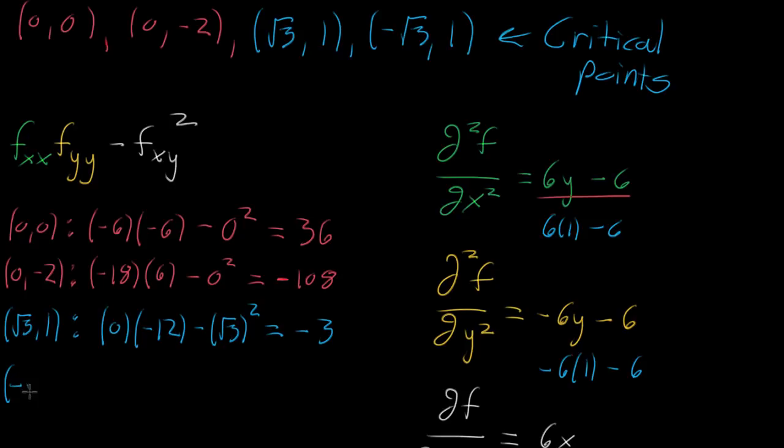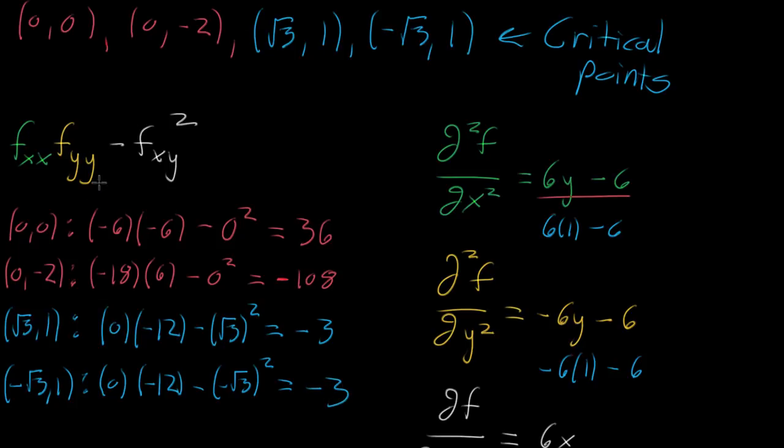Now we have negative square root of 3, 1. This will be very similar because this first term just had a y and we plugged in the y, so it's also going to be 0 for the same reasons. Same deal over here, the value of y didn't change, so that's also going to be negative 12. It doesn't really matter because we're multiplying it by a 0. And then over here, we're plugging in negative square root of 3, and that's going to have the same square. So again, we're just subtracting off 3.